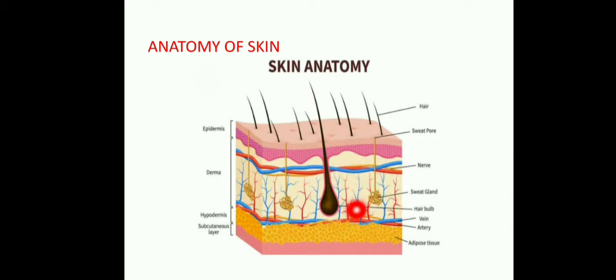These are the veins, arteries and adipose tissue. Finally, the subcutaneous fat, that is adipose tissue, is there. Okay, this is about the anatomy of the skin.